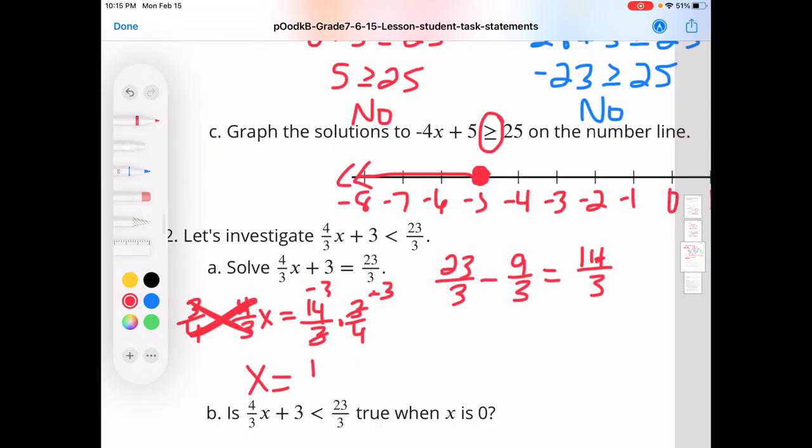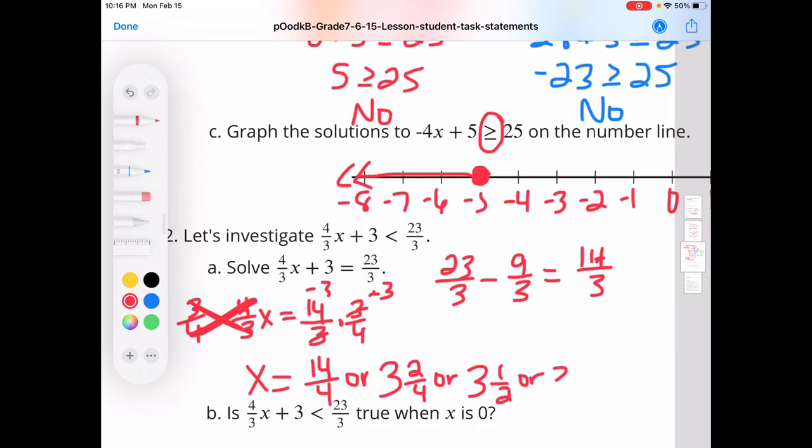So x is equal to 14/4. Or I can also write that as 3 2/4, which is also 3 1/2.